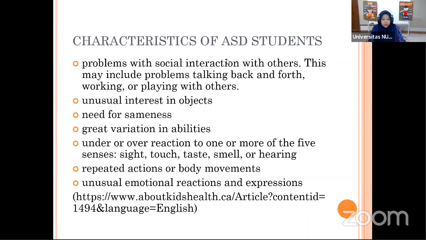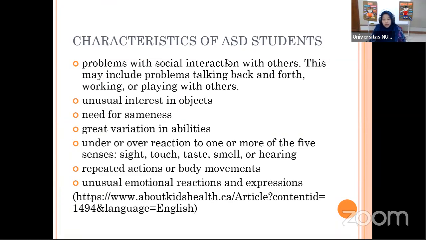Fifth, under or overreaction to one or more of the five senses: sight, touch, taste, smell, or hearing. Next, repeated actions or body movements. As we know, ASD students always repeat the same speech, the same words many times. It can be 2 or 3 times. So those are the characteristics of ASD students.